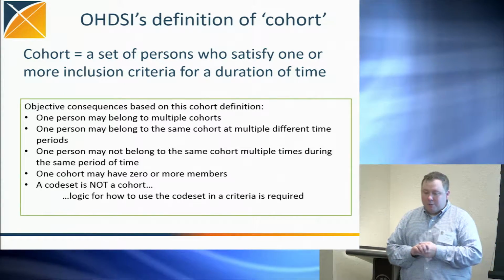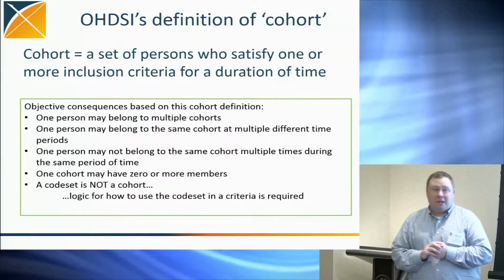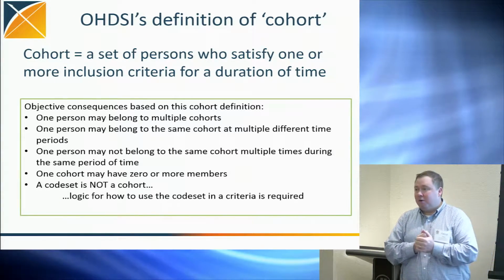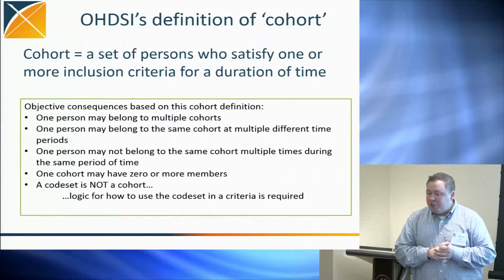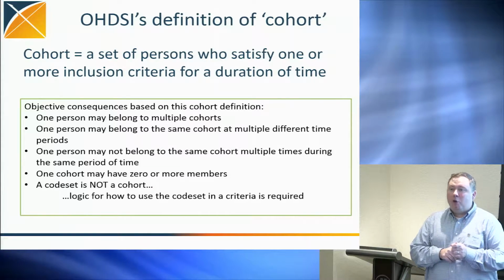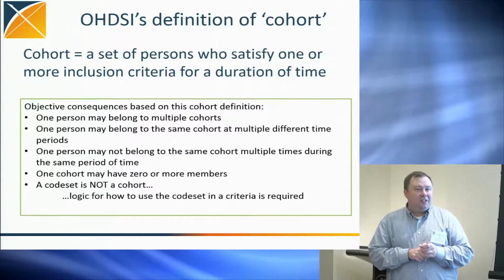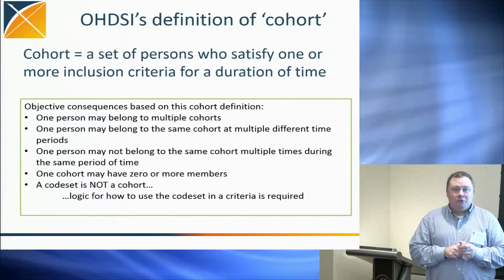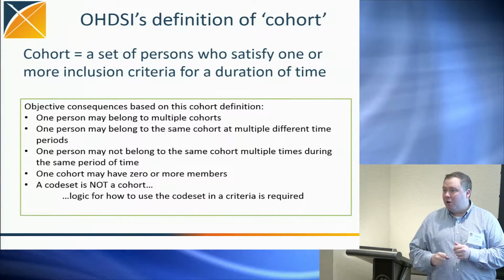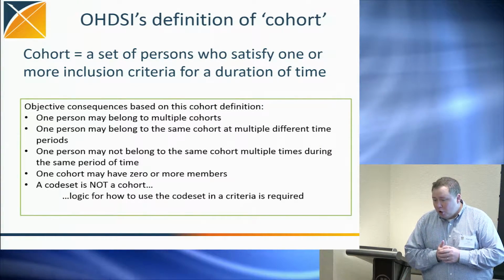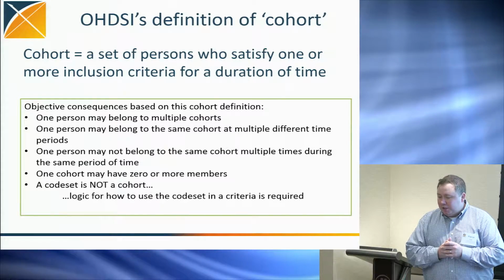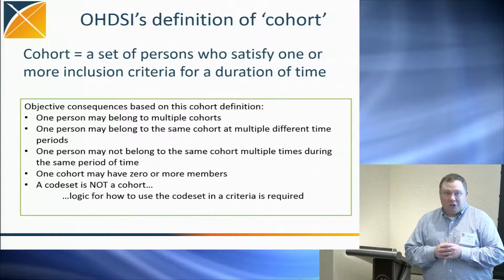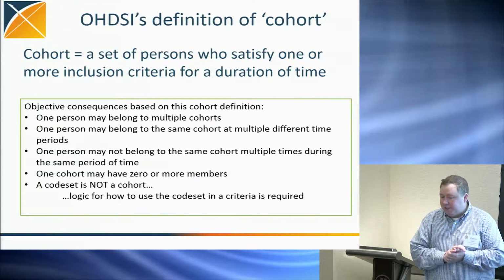A person can belong to multiple cohorts. That's totally fair game. If they satisfy different criteria, that's okay. One person can belong to the same cohort multiple times as long as it's in different time intervals. So someone could join a cohort, leave a cohort, come back to the cohort. One person may not belong to the same cohort during the same period of time, though. So you're either in or you're out. That's a binary state.